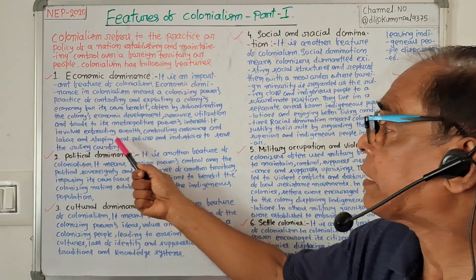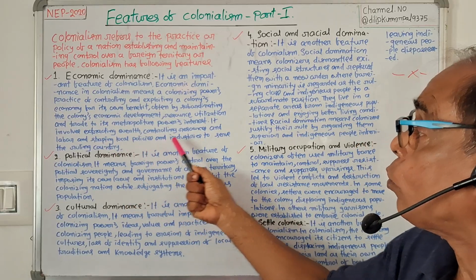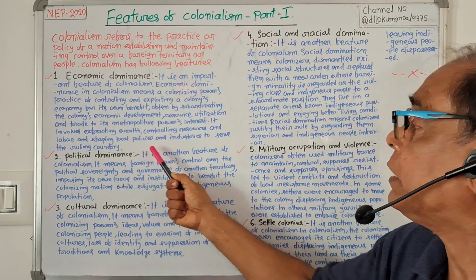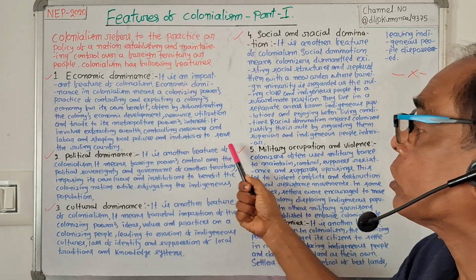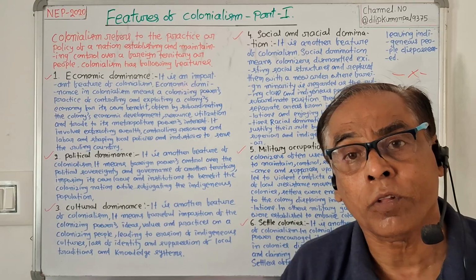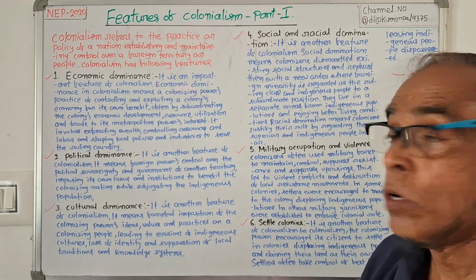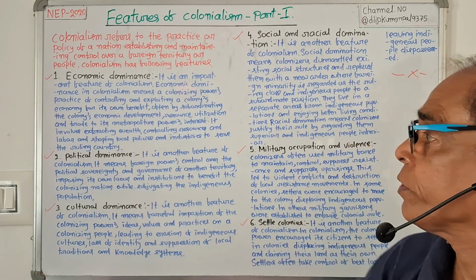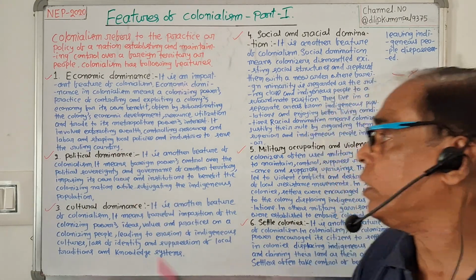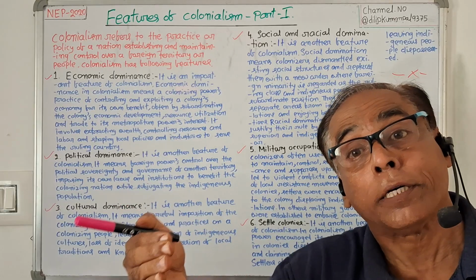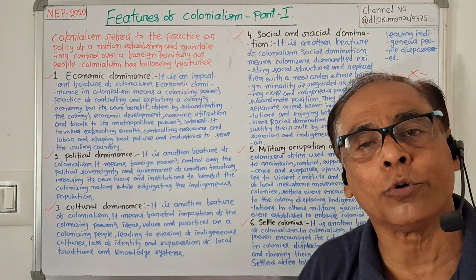It involves extracting wealth, controlling resources and labor, and shaping local policies and industries to serve the ruling interest. Under economic domination, the colonizing country will control the resources of the colony, control the labor of the colony, and shape the policy of the colony for its interest. It is known as economic domination.